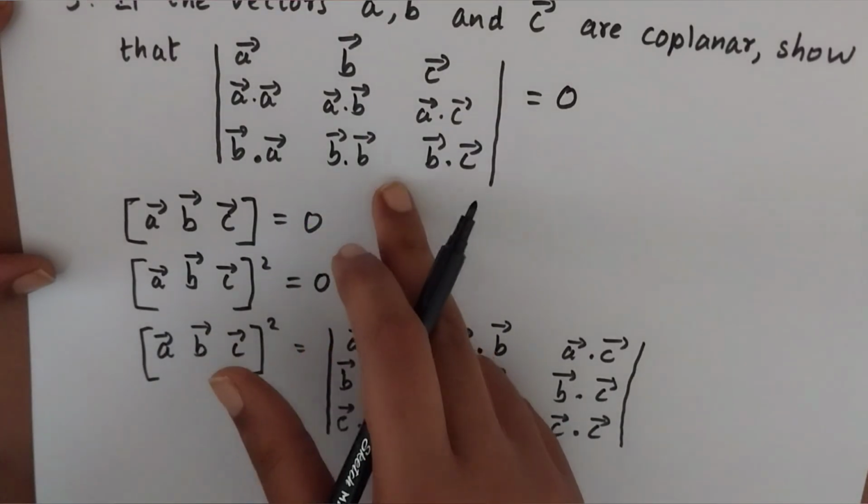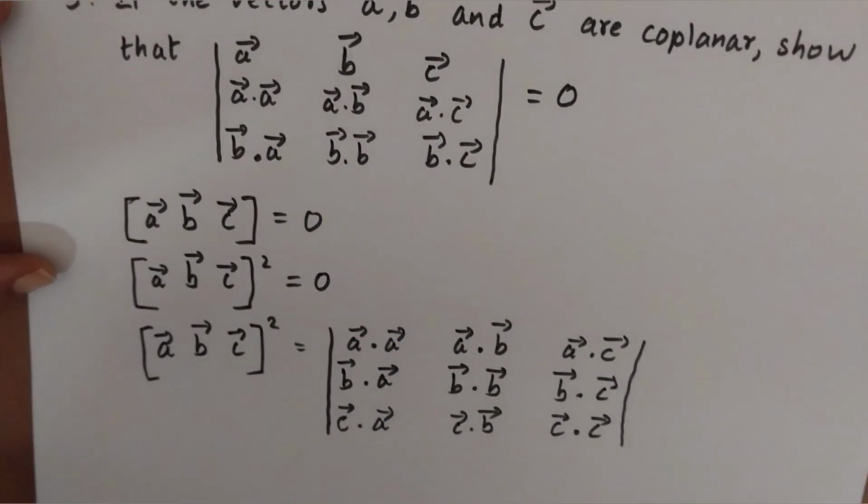So the only difference is this row. So from this row we can take vector C outside the determinant.